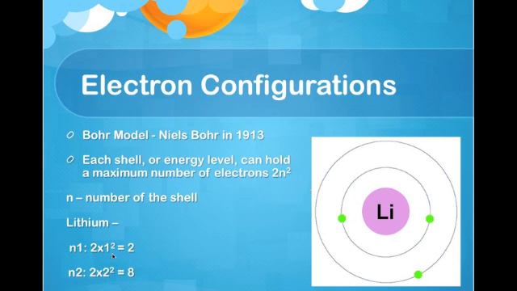So I've made some calculations here. So it's n=1, so that's shell number 1. So we have the 2 times 1 squared, which gives you 2. And that tells you that the maximum number of electrons that can be on this first shell is 2. Let's calculate it for shell number 2. So 2 times shell number 2 squared will give you a maximum number of 8.